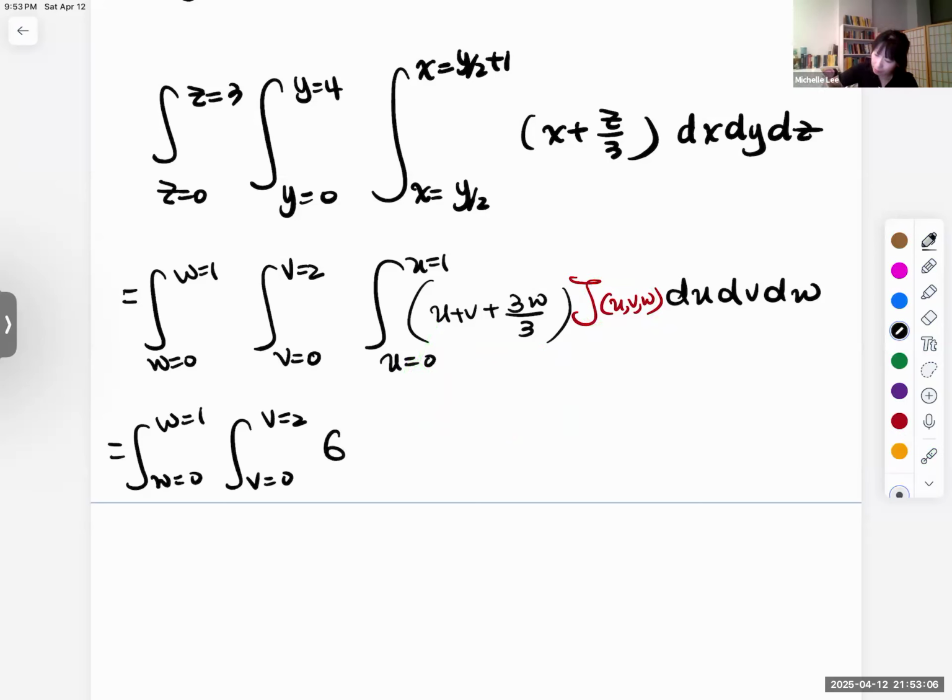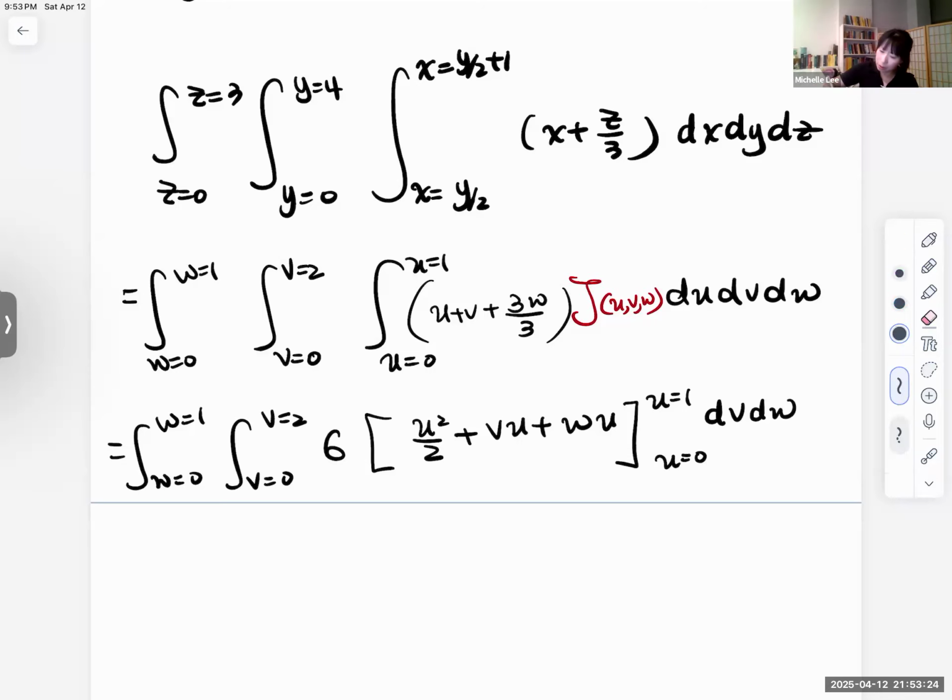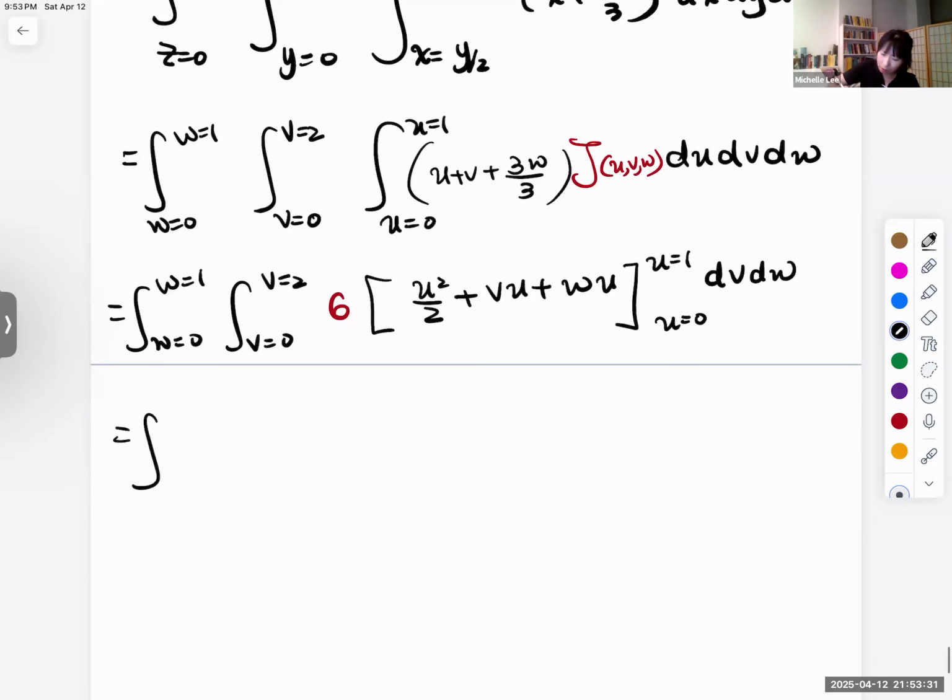So 6, we have u squared over 2 plus v is constant, u, and w is constant, u, and then u equal to 0 to 1, dv dw, right? 6 is the Jacobian. Let me write down for now.